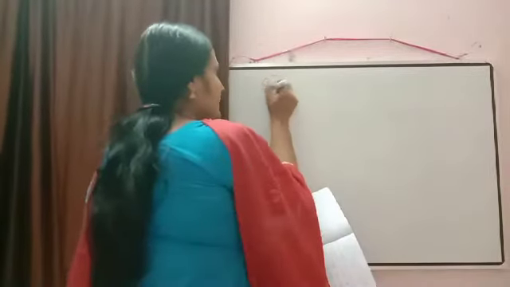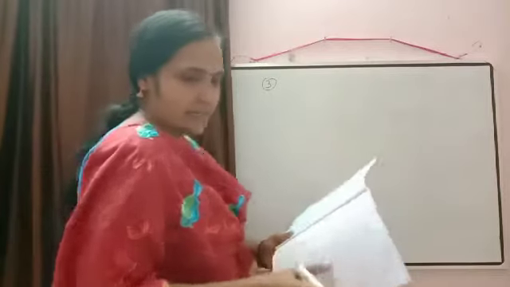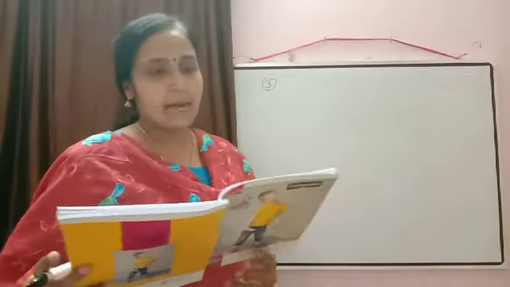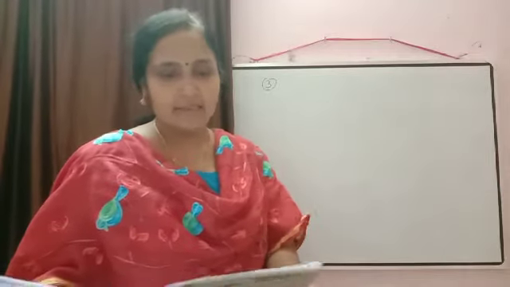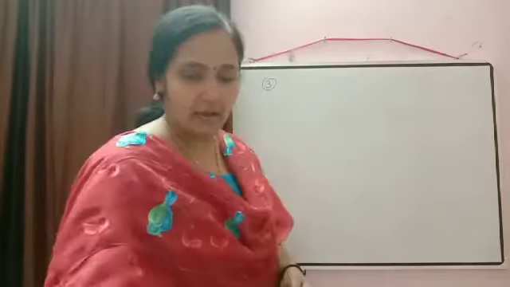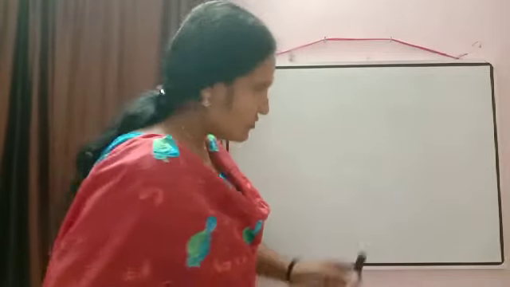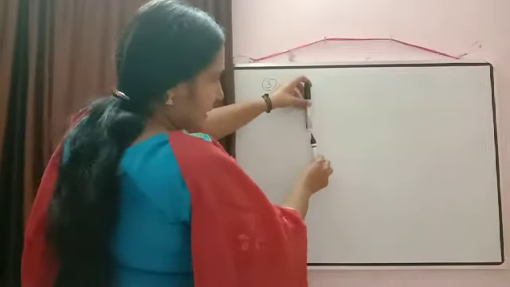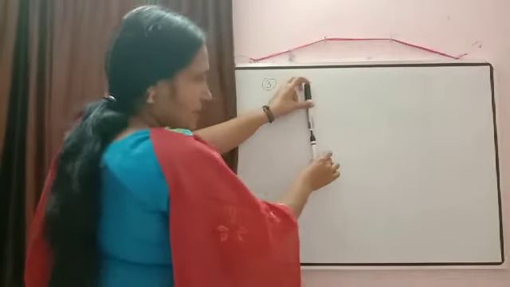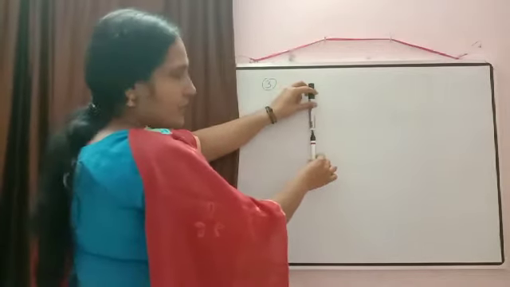Question number 3. In question number 3 it is given a tree breaks due to storm and the broken part bends so that the top of the tree touches the ground at an angle of 30 degree. So it is said a tree breaks. So suppose in this way we have a tree. This is the total height of the tree.